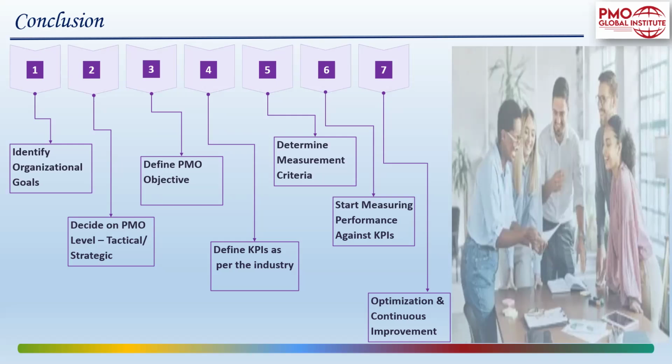So the third step is, once you have identified which level you are going to set up a PMO at in the organization, then you define your KPIs as per the industry standard, as I mentioned. Suppose you are going to set up the PMO at a strategic level, you know some of the KPIs very well.